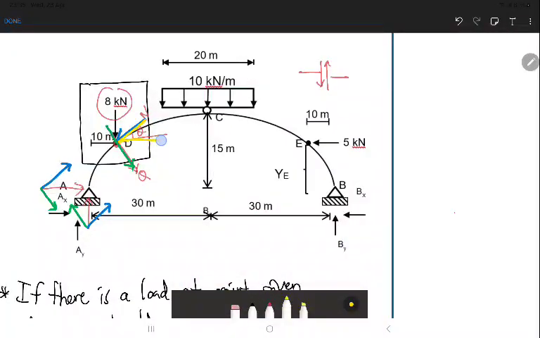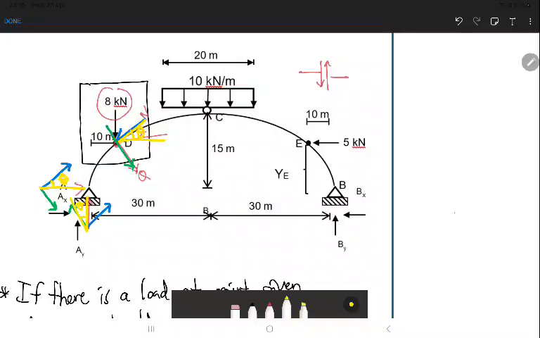You bring it here, theta, and then here theta. So this theta here is similar with theta here and theta here.